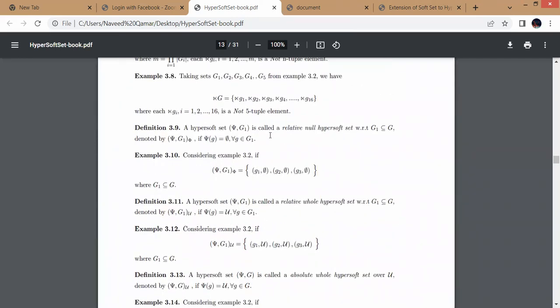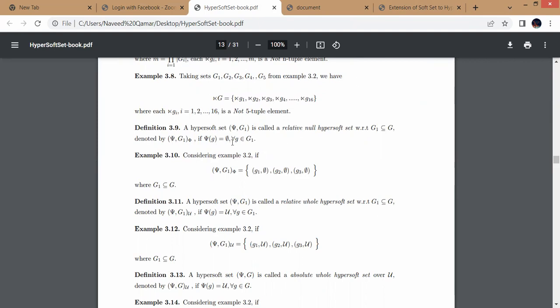Another definition is relative null hypersoft set. A hypersoft set on G1 is called a relative null hypersoft set with respect to G1 subset G2, G1 subset G, denoted by hypersoft G1, if for all elements of G it maps to 0 or has hypersoft set 0. So simply this is a definition like the definition in soft set.